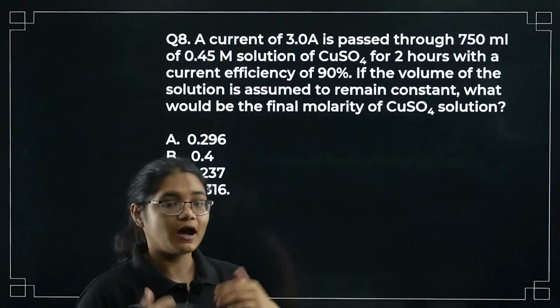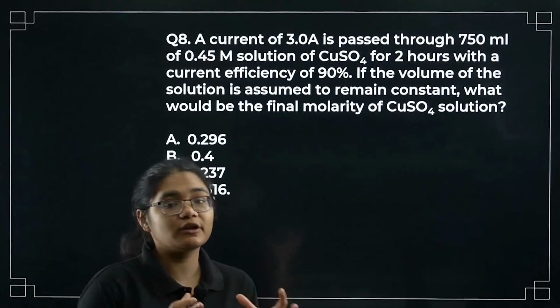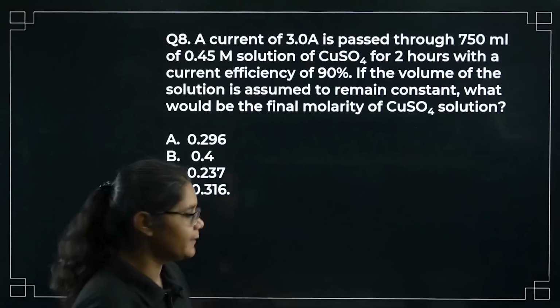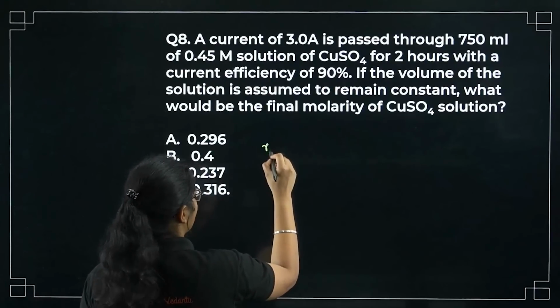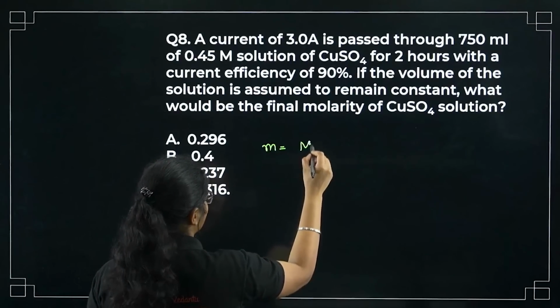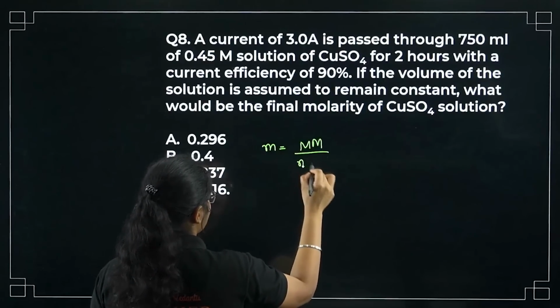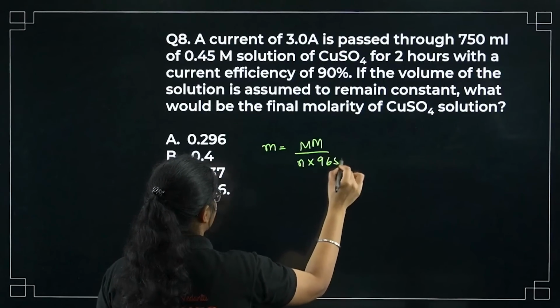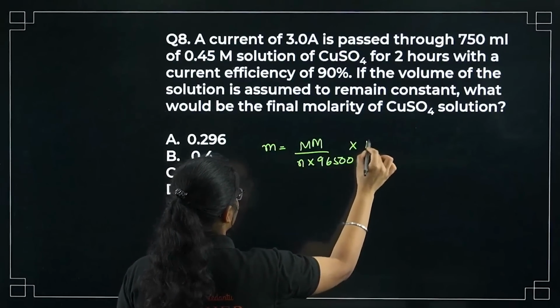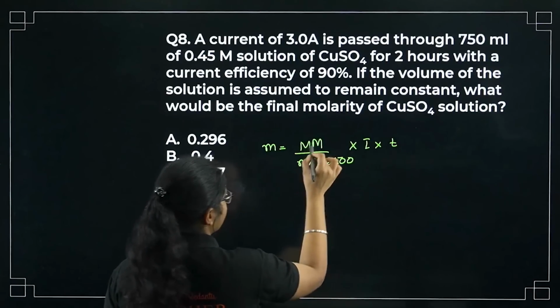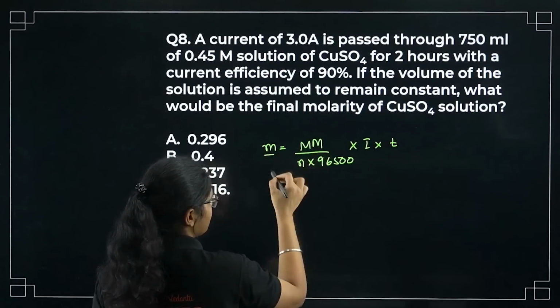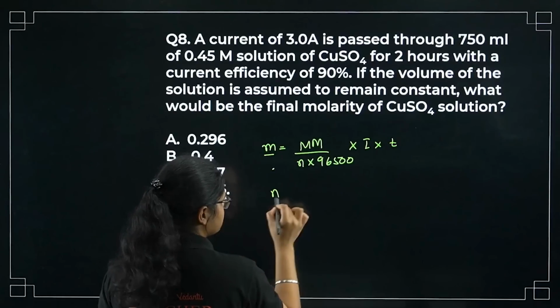First we will find the number of moles of copper deposited, okay. So if you know the formula of Faraday's first law, it tells you molar mass divided by n into 96500 into I into t, right? So if I divide the given mass by molar mass, I'll get the number of moles here, right?